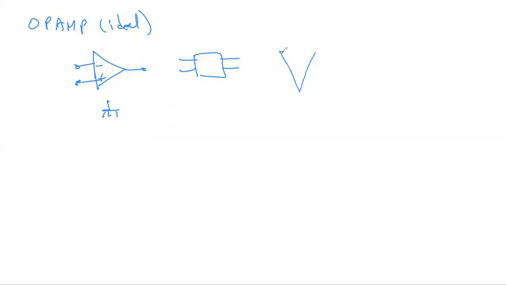If I had to show it with a graph, I was supposed to show 2 branches here. Actually the op-amp has 3 ports. This is minus, plus, reference, output, reference.